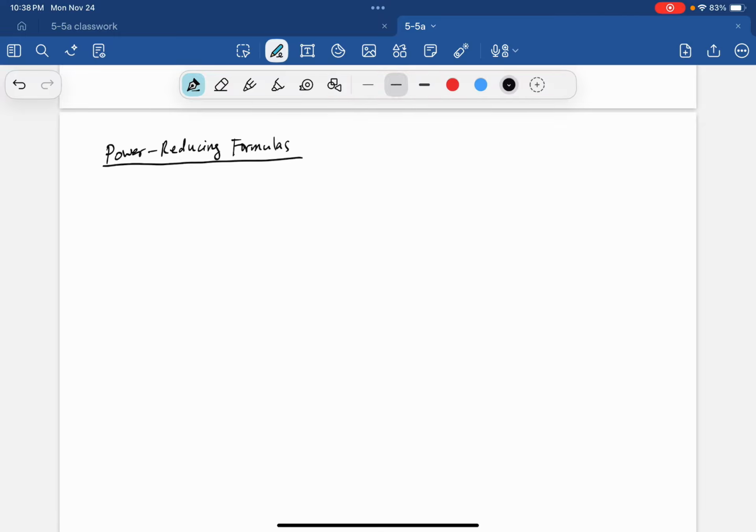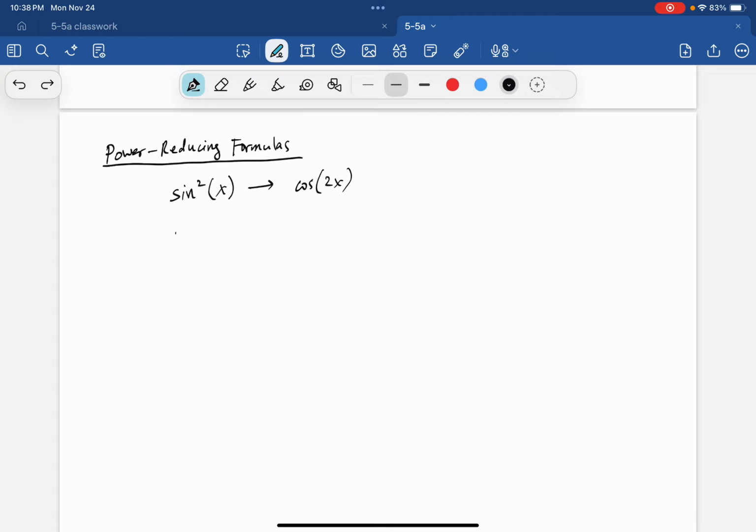These formulas help us to write sine squared of x in terms of only cosine 2x. Okay, I'm not saying these are equal, but I'm saying that it helps us to write sine squared in terms of what we call a single power of cosine. So no more squares.